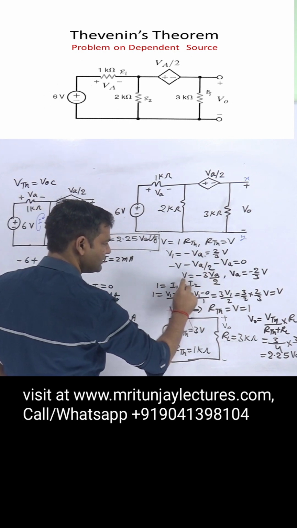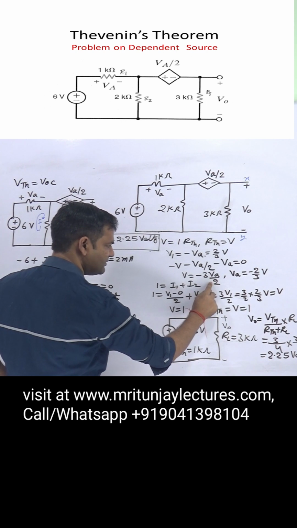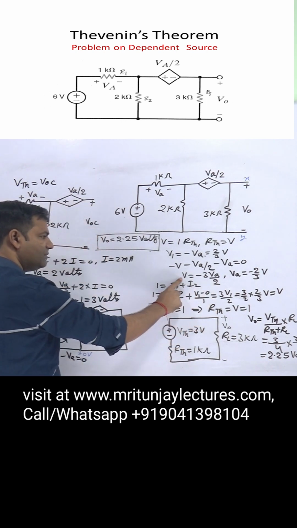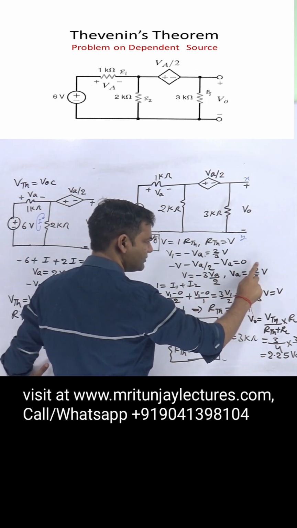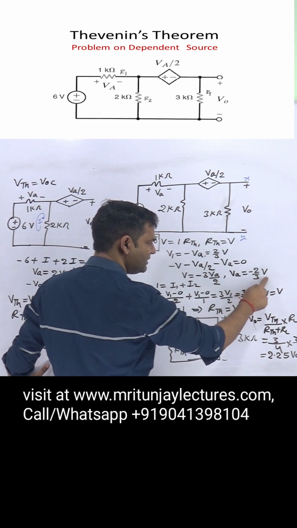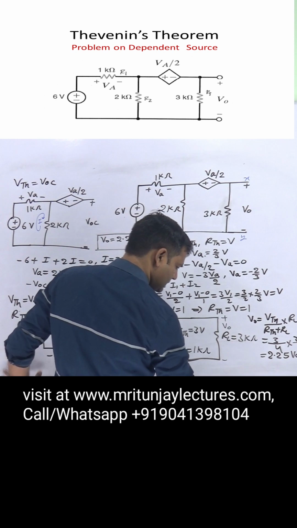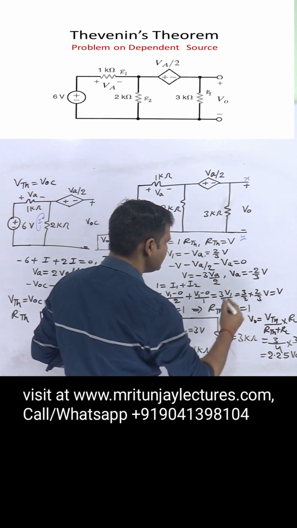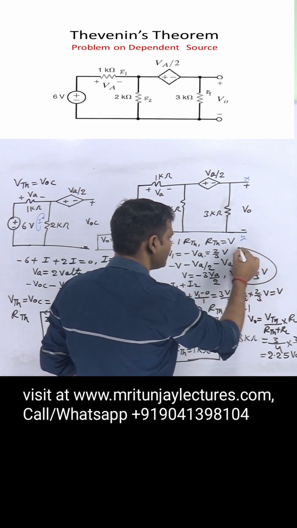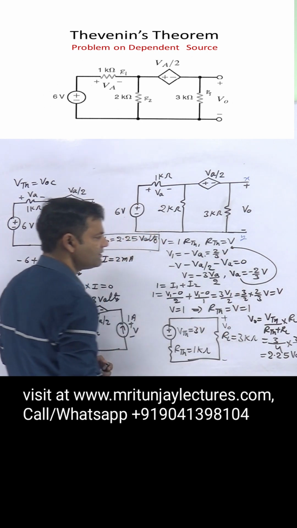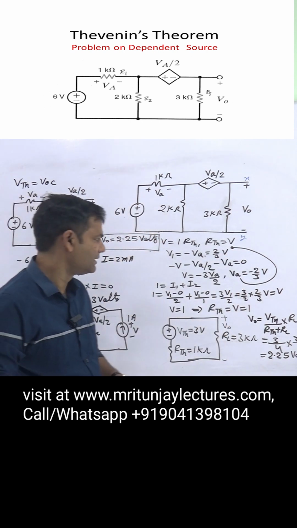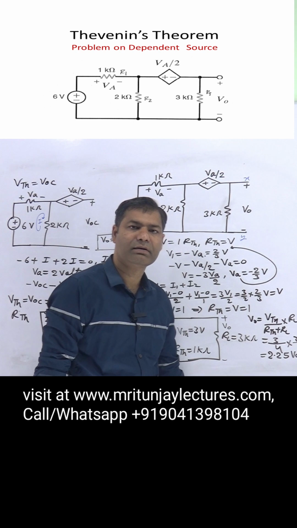After solving, we get V is equal to minus 3 VA by 2, and if VA is converted in terms of V, it is minus 2 by 3 V. Put this VA value here, then we get V1 is 2 by 3 V. Clear or not?